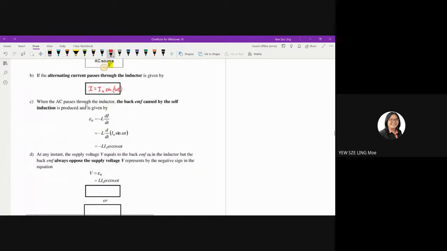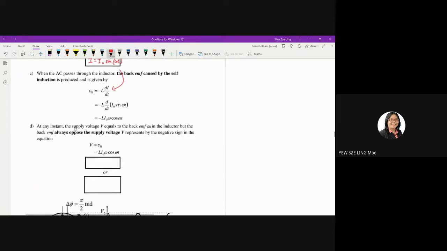So when the AC passes through the inductor, the back EMF caused by the self-induction is given by EMF equals negative L di over dt. From this equation, we plug in I equals I naught sine omega t, and we obtain EMF, which is also our VL, equals negative L I naught omega cos omega t. Okay.